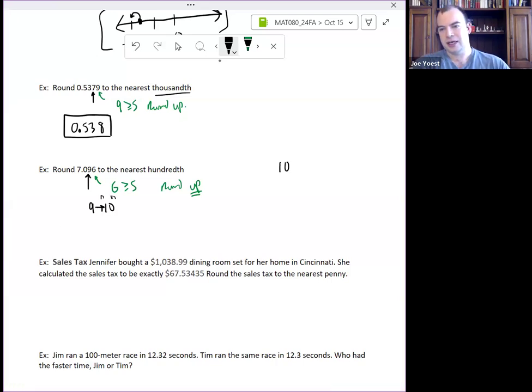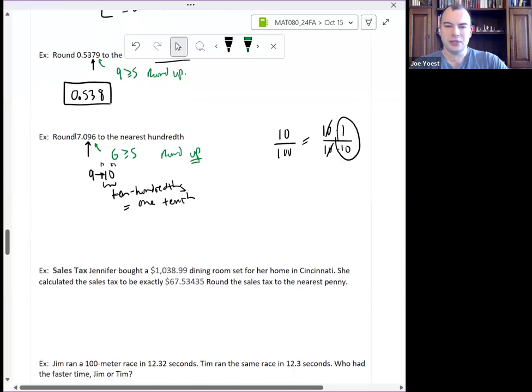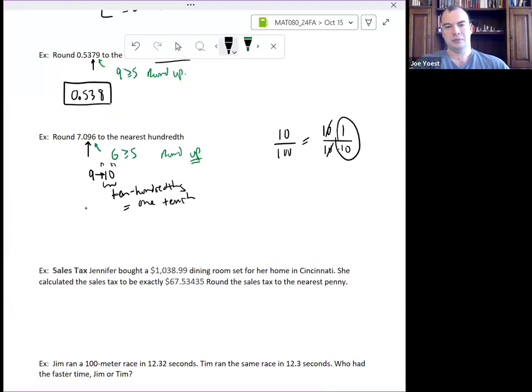I know that 10 hundredths is like 10 times 1 over 10 times 10. 10 hundredths is just 1/10. 10 hundredths is the same as 1/10. So I want 7 and 10 hundredths, but that's the same as 7 and 1/10.